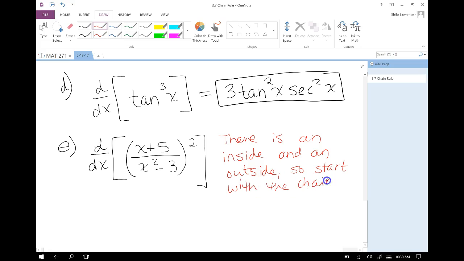And the chain rule says do the derivative of the outside first. So again, don't worry about the quotient rule yet. The quotient rule is just the inside piece, so we'll worry about that when we get to the inside. The outside is just a square. So the 2 comes out front.